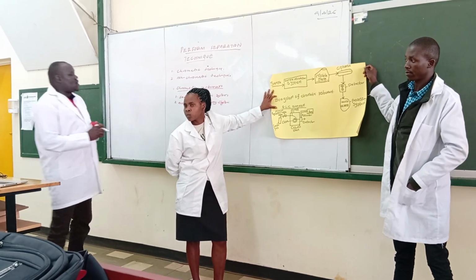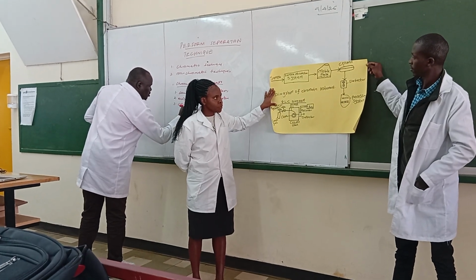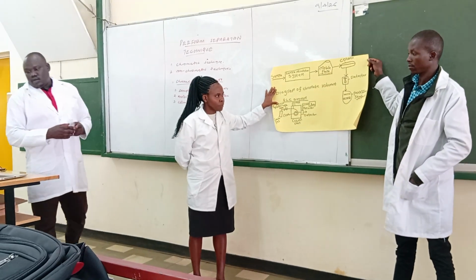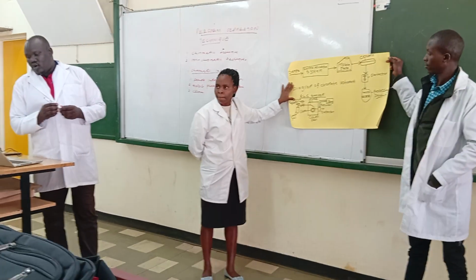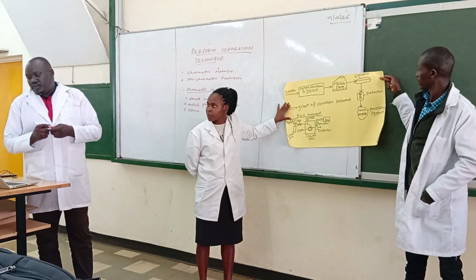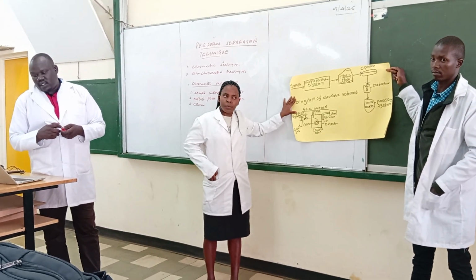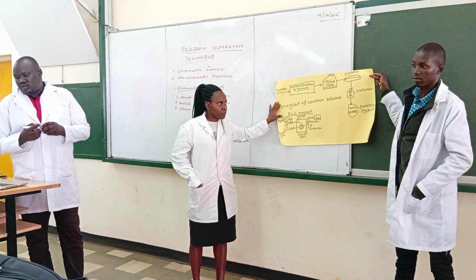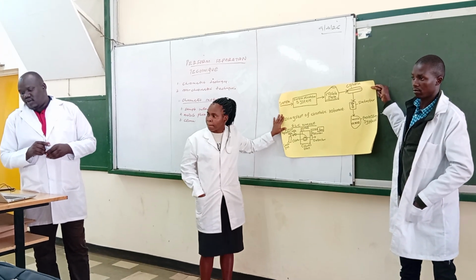The third one is the column, the separation unit where components of the sample interact differently with the stationary phase, leading to separation based on properties like polarity, size, or volatility.